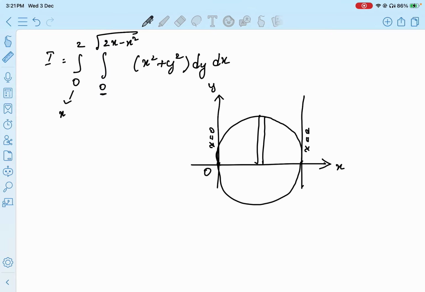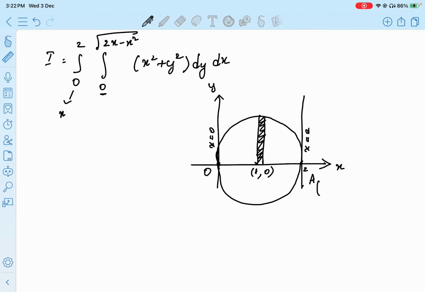So this is a Cartesian coordinates. So I am drawing a strip. Here our diameter is 2, so our radius will be 1. So x equal to 1 and y equal to 0.